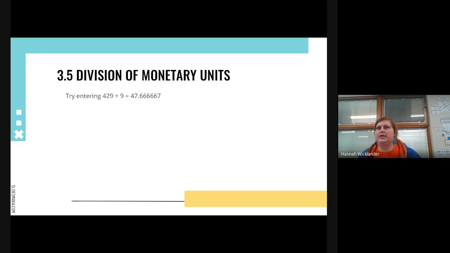So if I'm rounding to 2 numbers after the decimal place, I'm going to come to the decimal and count 2 spaces after it. 1, 2. And then I am going to look at this number's neighbor, which is a 6. Is 6 bigger or smaller than 5?